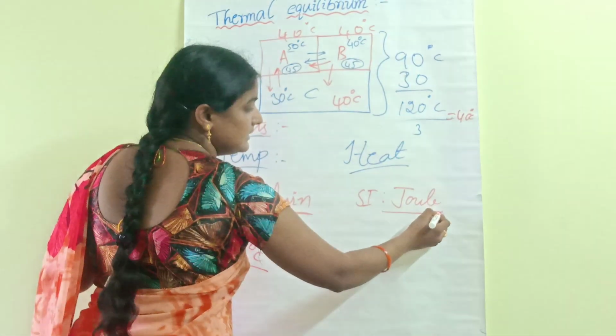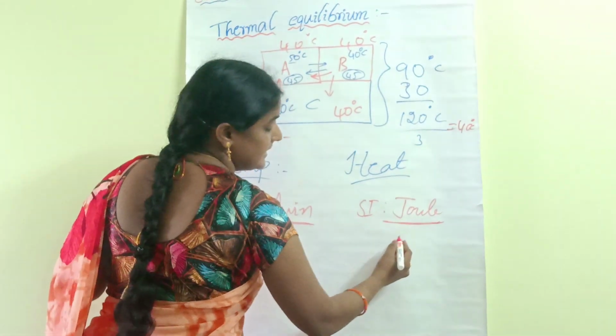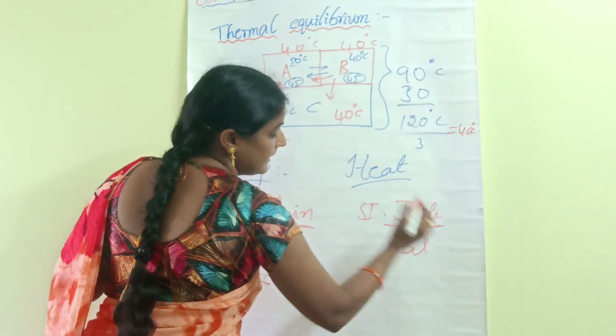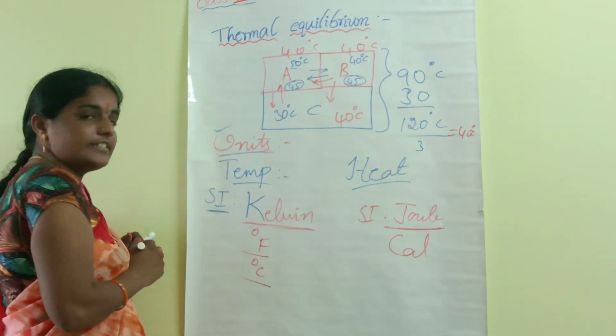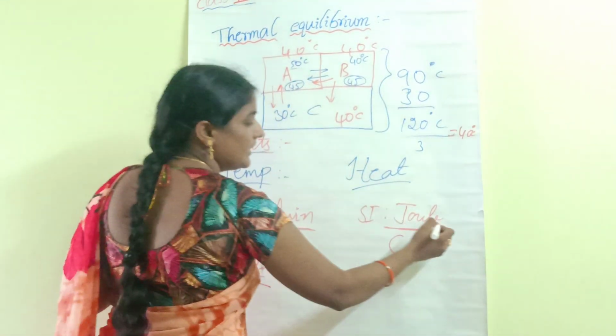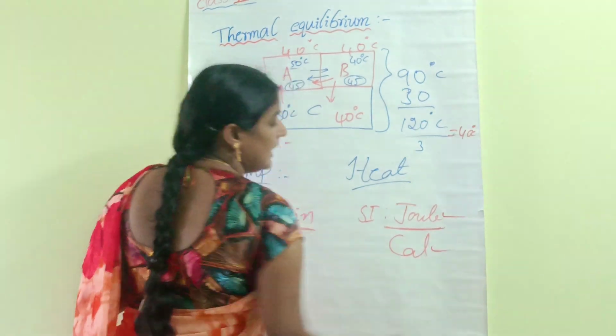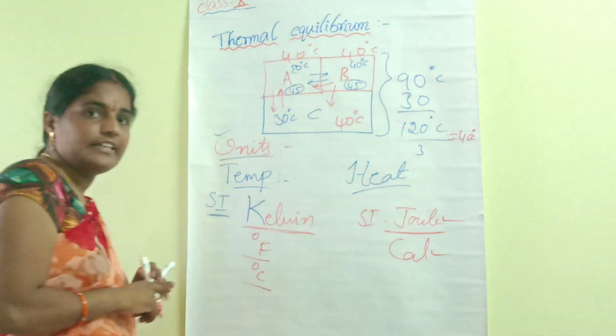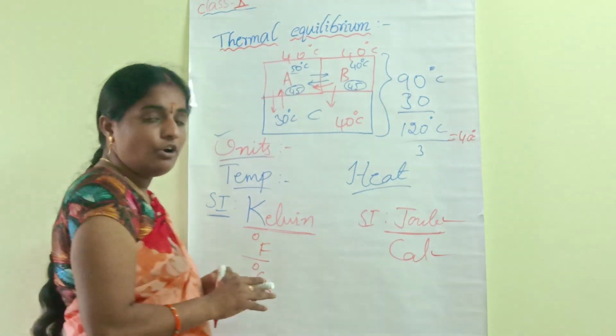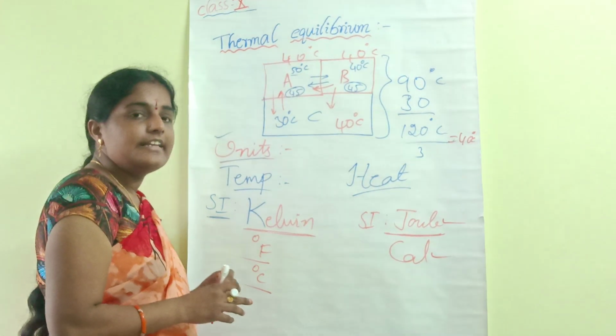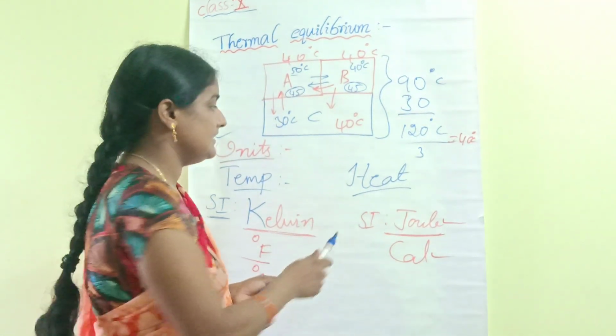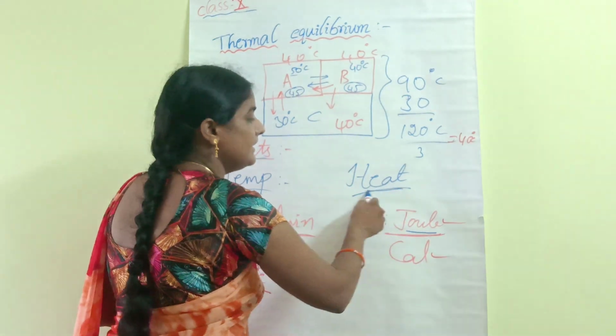And for heat, the CGS unit is the calorie. There are definitions in your textbook for joule and calorie. How to define this? Joule is the unit for heat, right?